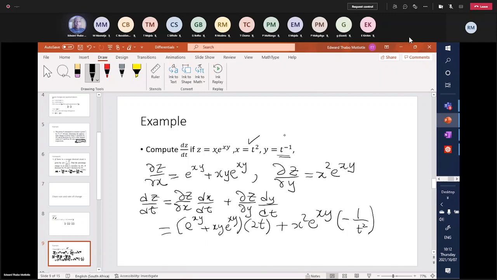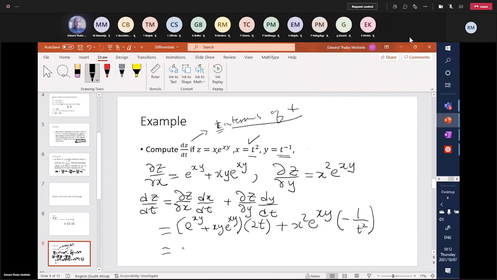So in this type of question, I can also say that you must determine dz/dt in terms of t. So this means what you are going to do, where you have x and y, you will put t squared.